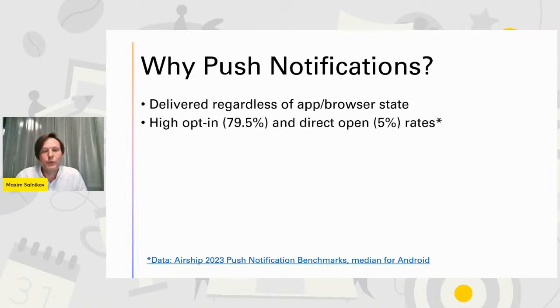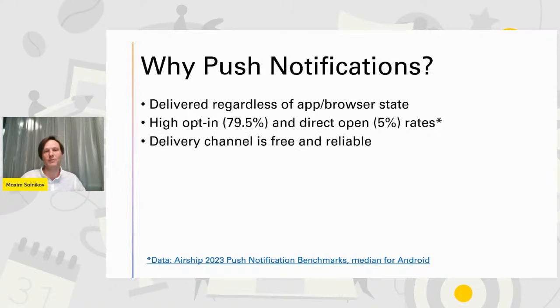Then, compared to, let's say, the more traditional or conservative, or we can call it legacy, way of delivering notifications, like, for example, email, web push and push notifications in general have way higher opt-in and open rates. So our peers from the marketing team will be happy. The delivery channel is completely free.